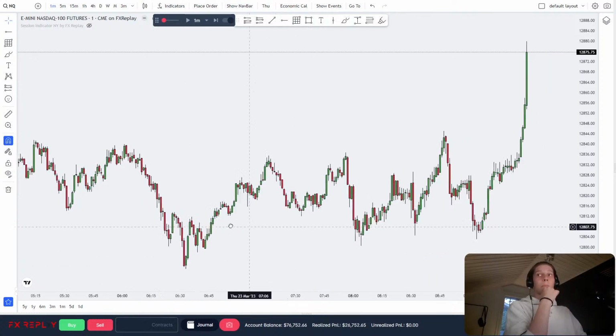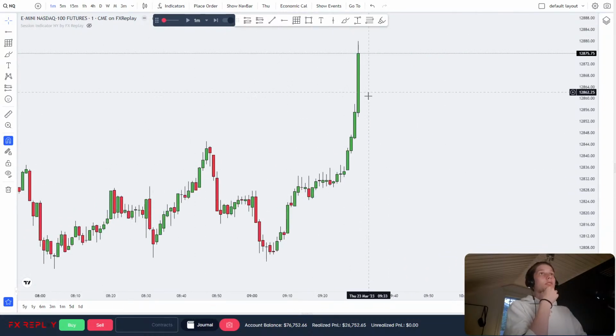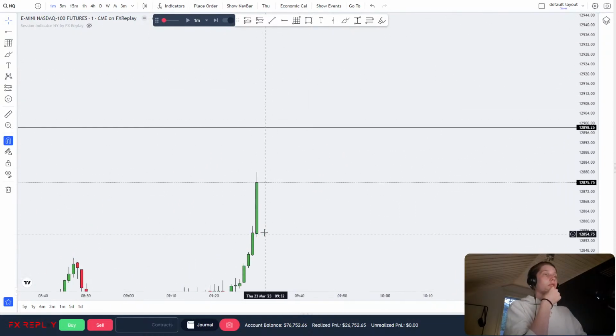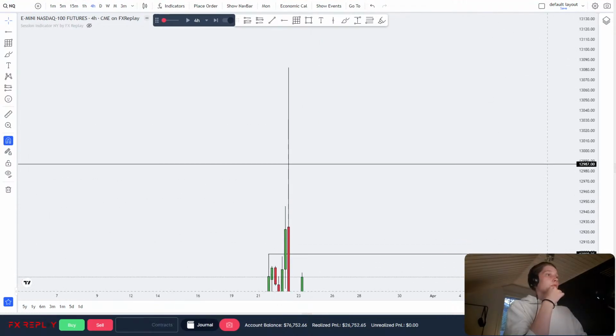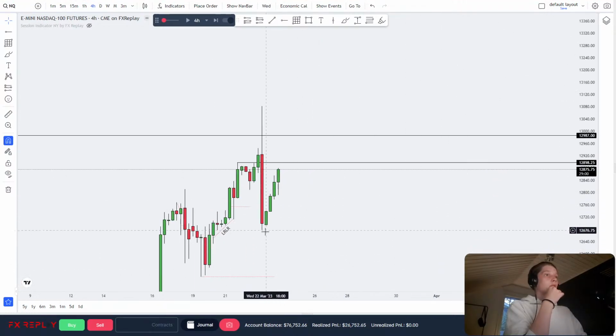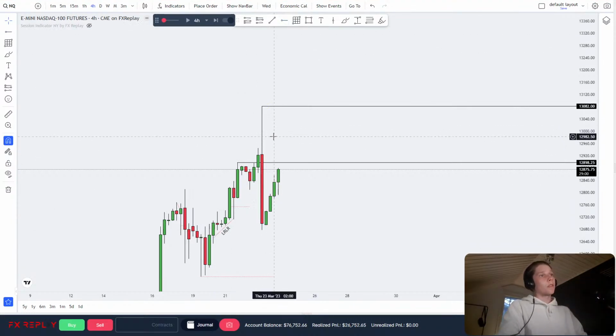Okay. Let's continue with this show. We are bullish still, I would say, but it's kind of broken structure to the downside here.